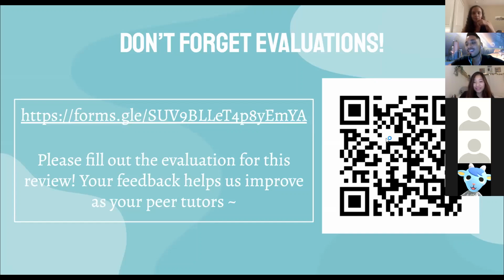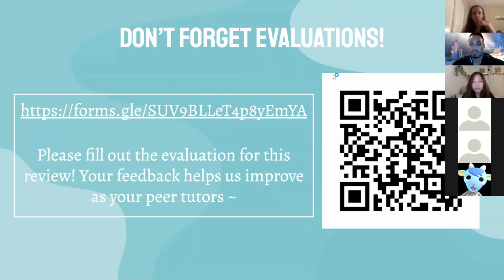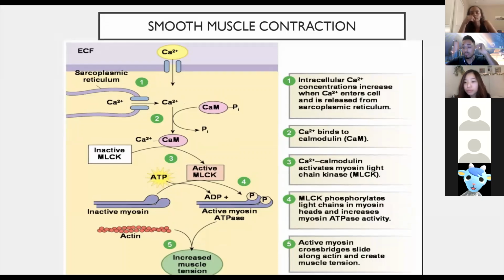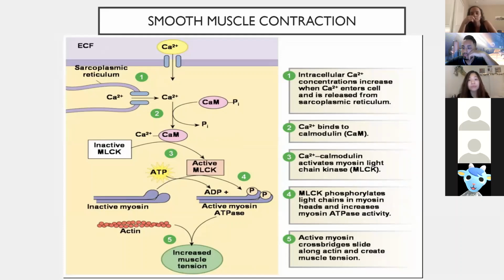I do have one question about calmodulin. Could you go back to the contraction slide, please? With calmodulin, you need the presence of calcium for it to be activated to then activate the MLCK.